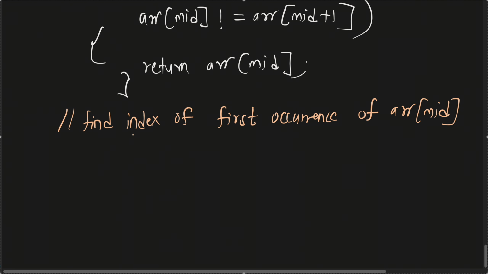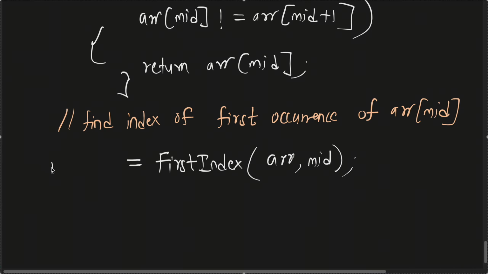Let's say the function name is first index. This function will take two parameters, array and middle, and we will store the result in a variable called fi.